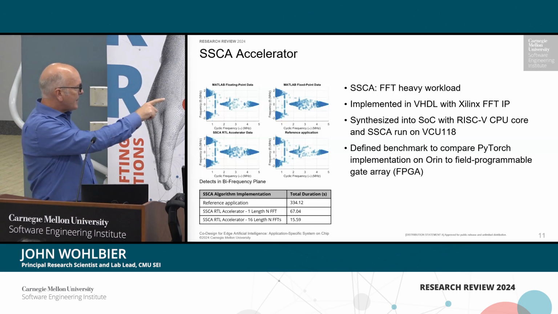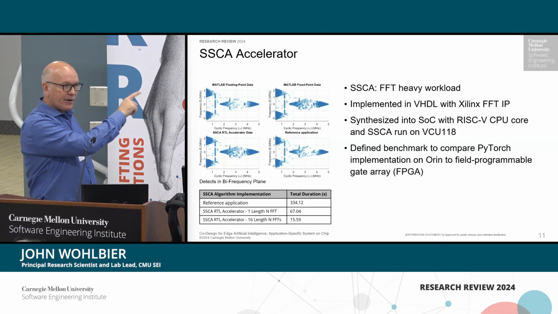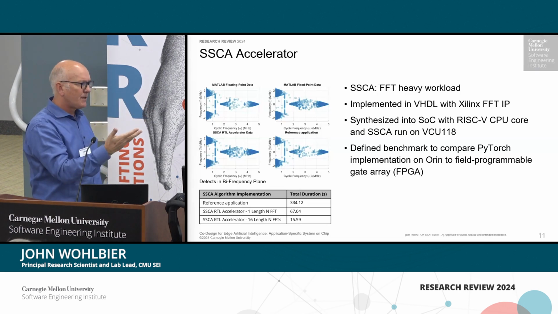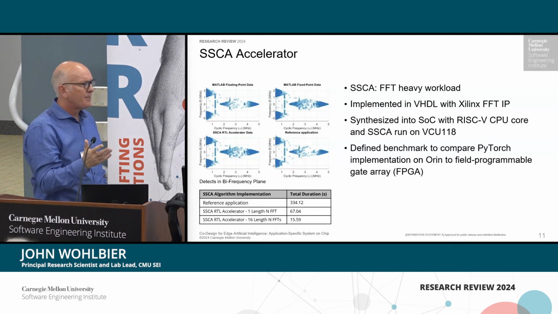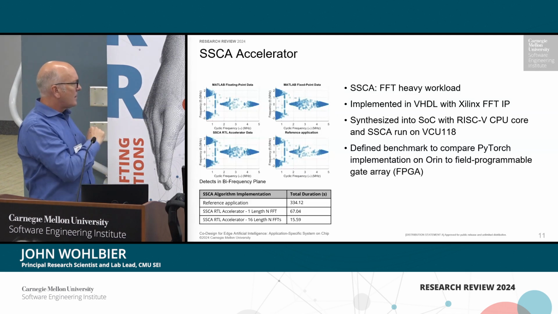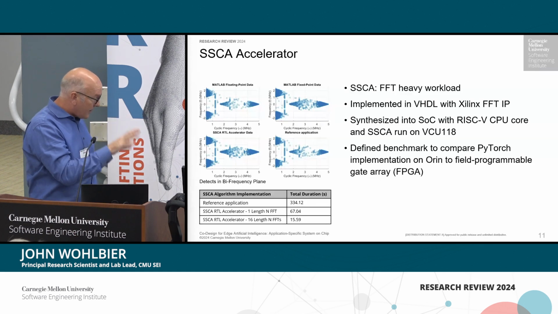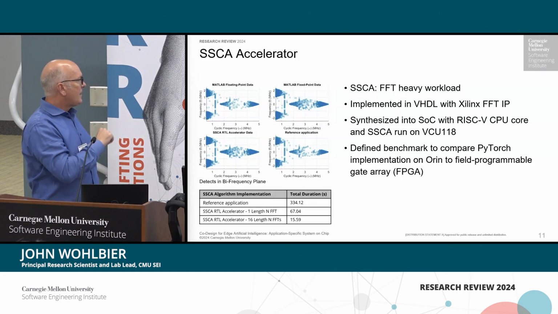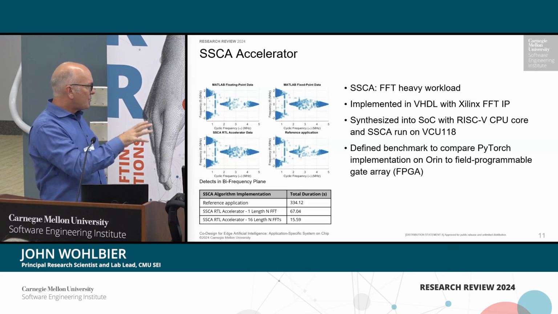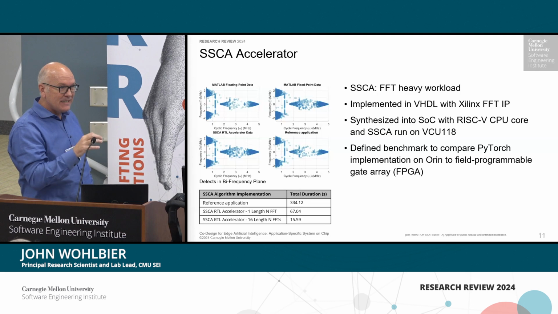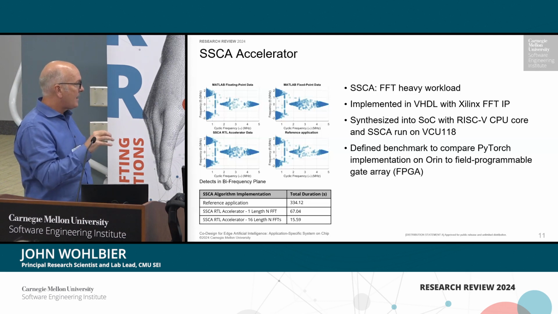What you see in the bottom left are the results of that first run. The reference application benchmark took 334 seconds. This is sifting through, I think, about 200 megabytes of signal data or something like that. And that's how long the Python running on the GPU in the Orin took. There are two different versions of the SSCA accelerator, one where you have more FFTs in physical IP than the other.